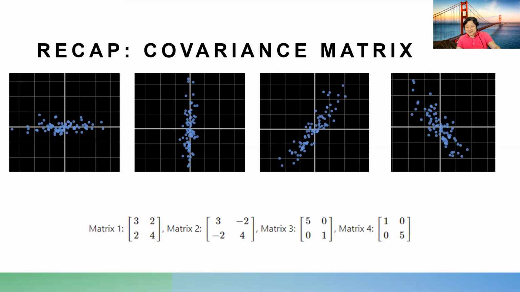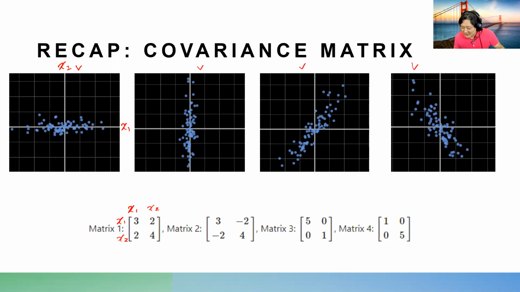We have 4 graphs right here. This is the x1 axis, this is the x2 axis, and this is x1 and x2, and x1 and x2.